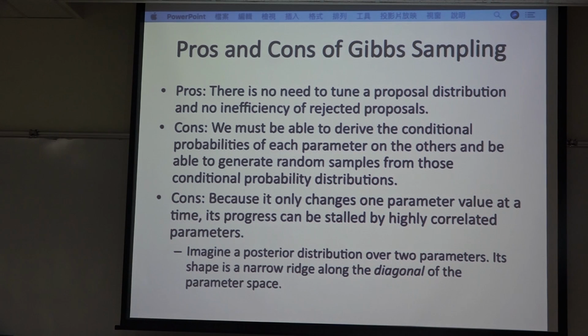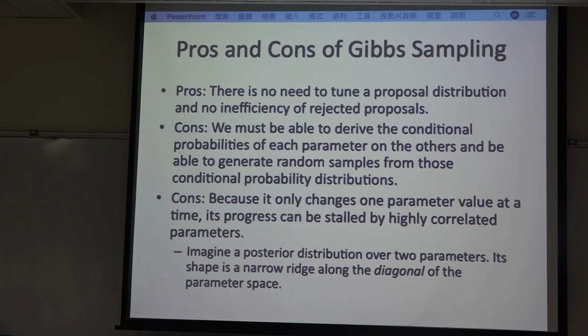So if your posterior looks like this. This is theta 1, theta 2. Well, it's not x equal to y, it's theta 1 equal to theta 2. So you have a very special shape for this posterior.